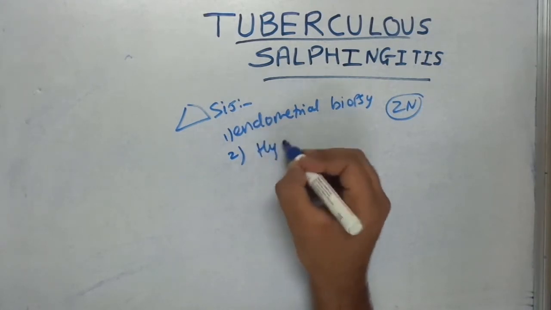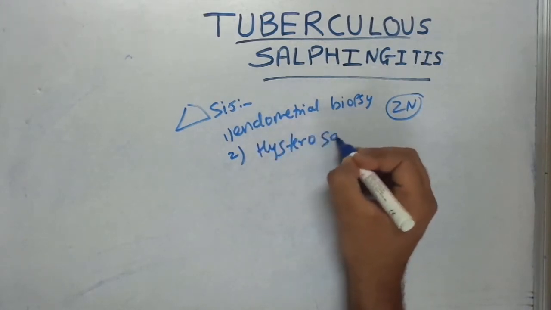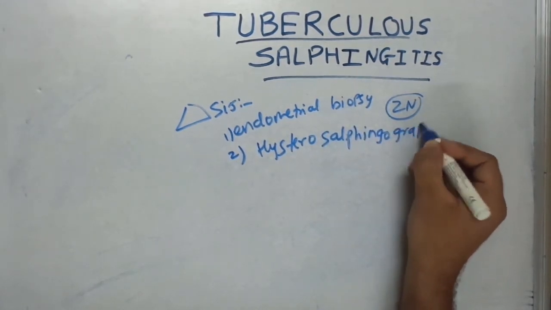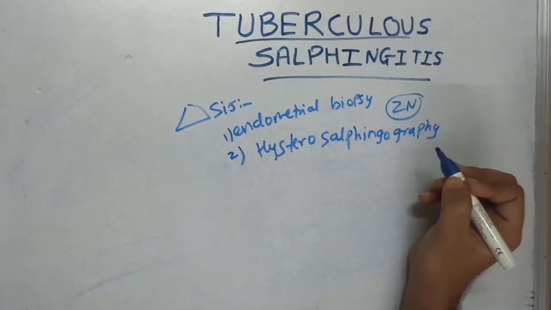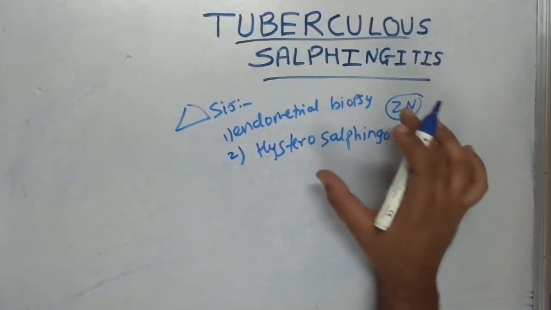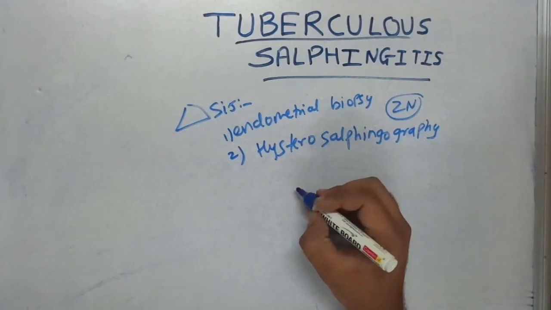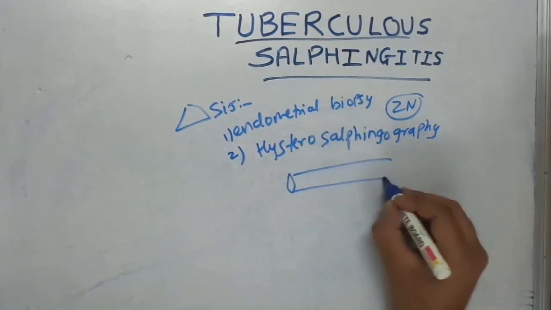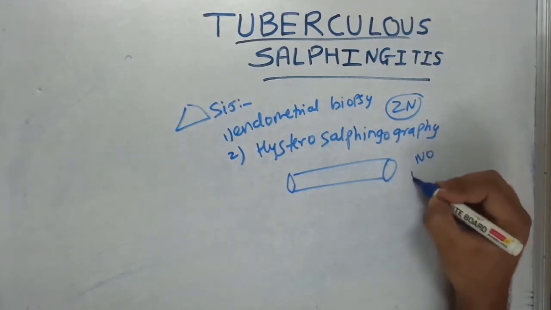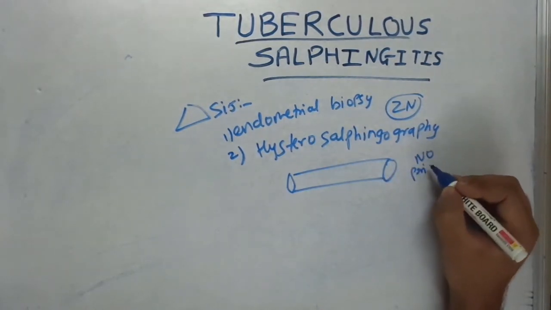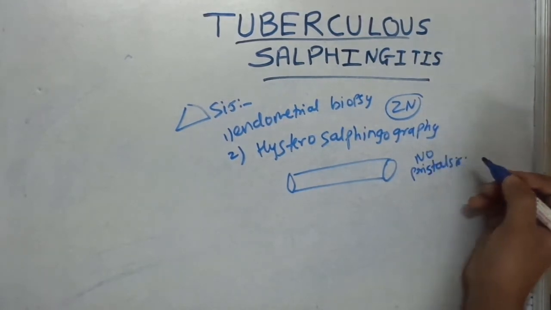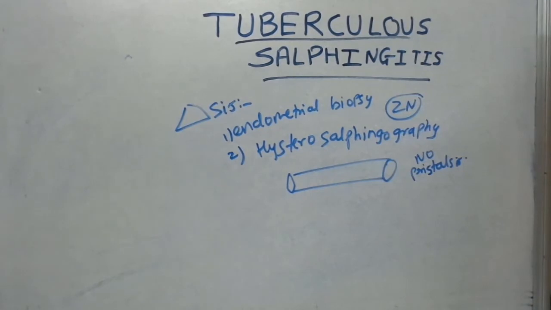Then hysterosalpingography. In hysterosalpingography of tuberculous salpingitis, the typical appearance of the fallopian tube is a lead pipe appearance. It has no peristalsis. The normal peristaltic movement is not seen. Lead pipe appearance. Just an image for remembrance.